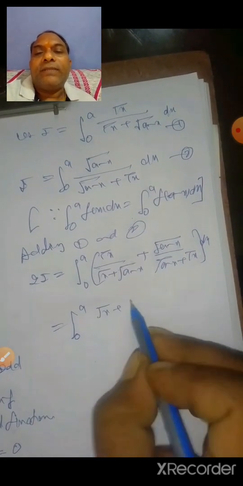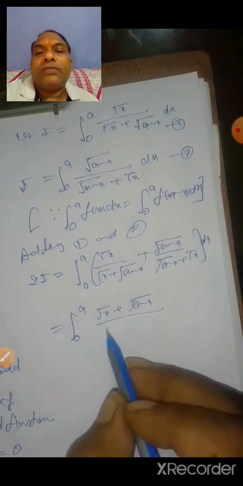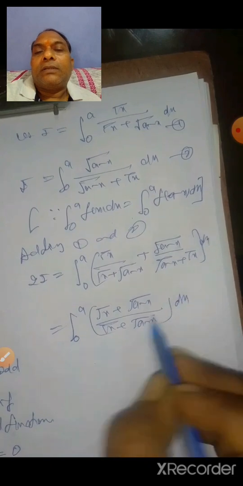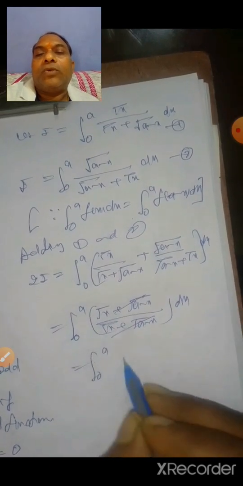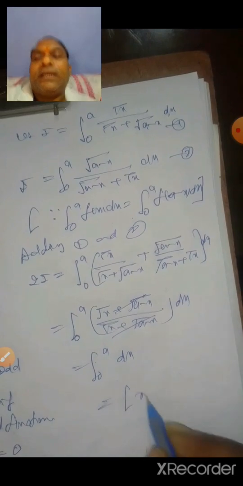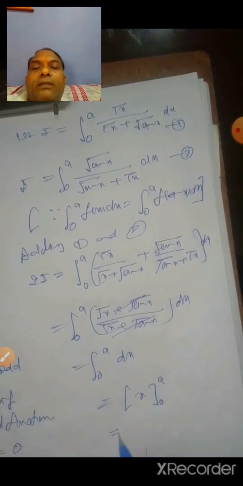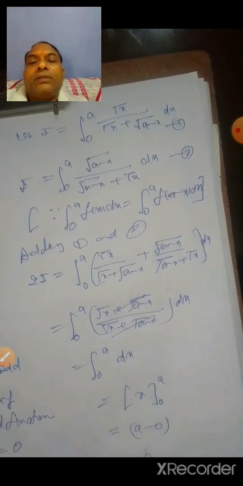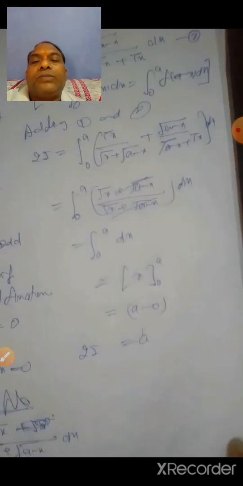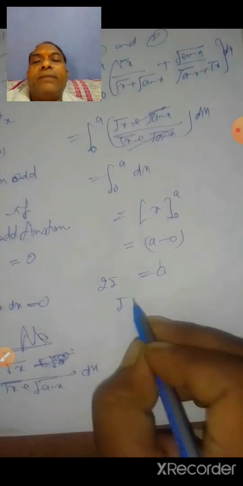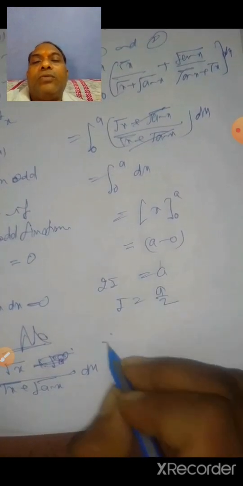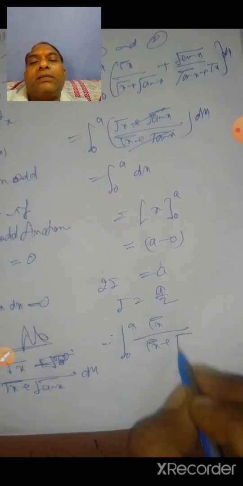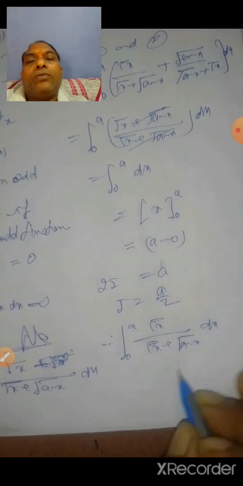LCM will be root x plus root a minus x. Cancel out, 0 to a dx, x from 0 to a, apply the limit, then 2I is equal to a, I will be equal to a upon 2. Therefore the integration 0 to a root x upon root x plus root a minus x will be equal to a by 2.